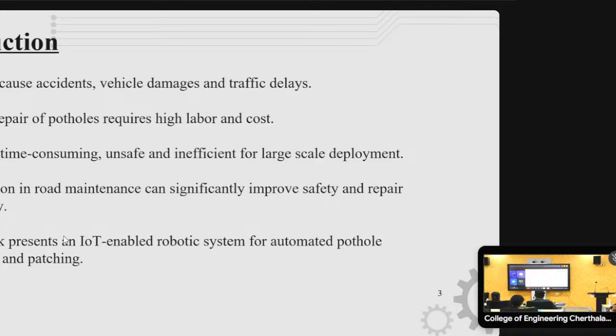To address this issue, we are proposing a smart robotic system that can automatically detect potholes, estimate their depth, and then patch them. It is an IoT-enabled robotic system.